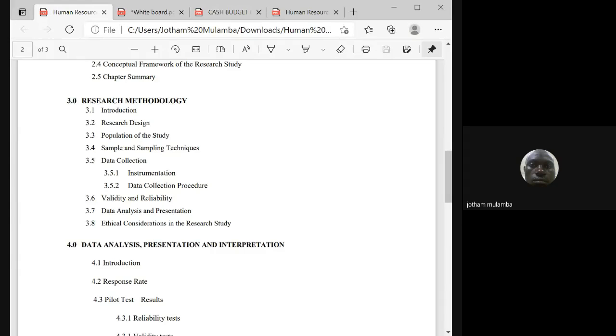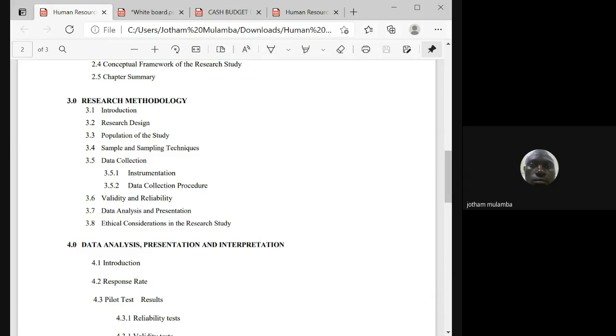Let's say 70% of the respondents said yes, wage affects productivity. 30% said no. So in that case, I will write an explanation that from the study, we have found out that 70% agree that wage affects productivity, while 30% did not agree that wage affects productivity. So that presentation of such a statement is what we are referring to as a text format.